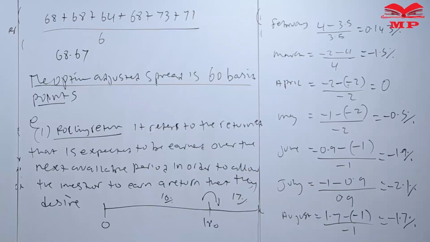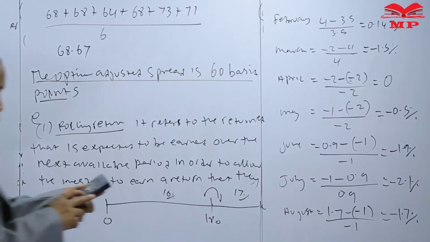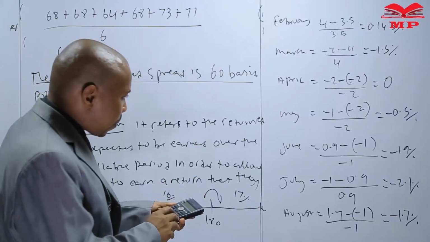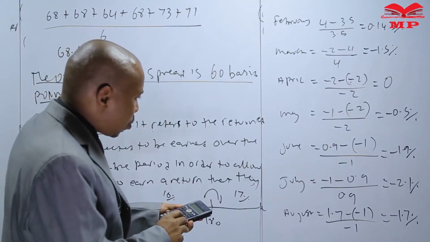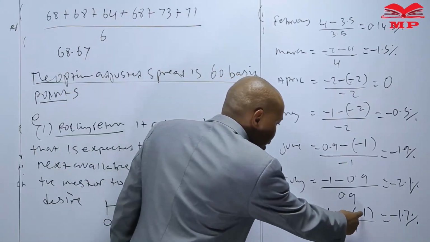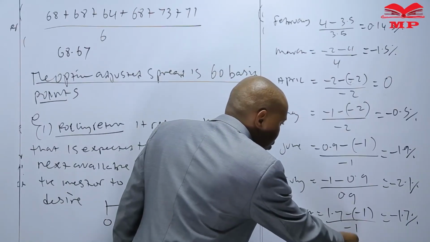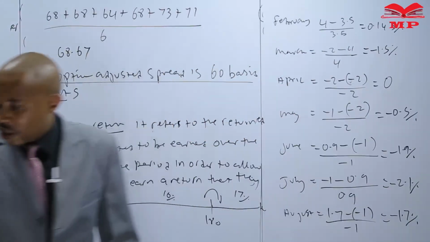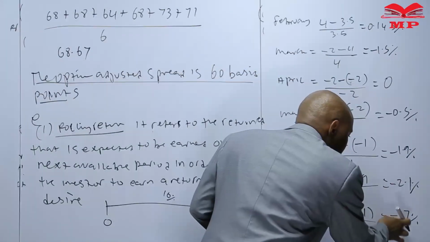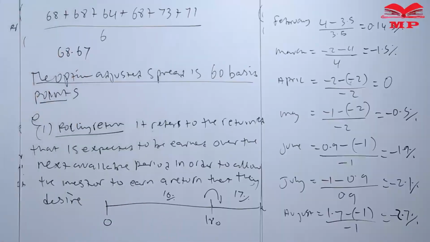So we are going to divide as follows. Let me check: we have 1.7 minus 1, that is 2.7, divided by minus 1, and that should be minus 2.7. That was just a check I needed to do. I think that looks much more correct.